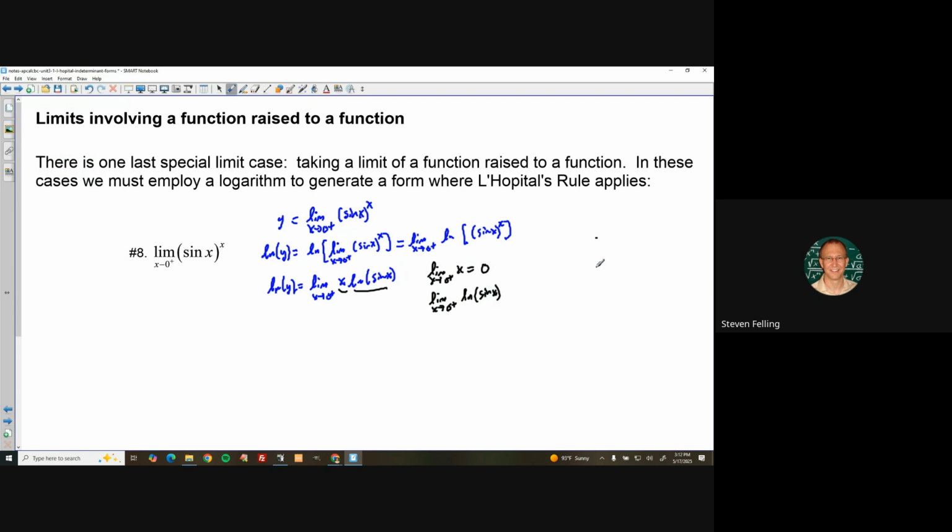Well, sine of x, if you think of a unit circle, as we're getting closer to 0 from the right-hand side, that means the angle is getting closer to 0. And the sine is the y, so the sine is getting closer to 0 as well.